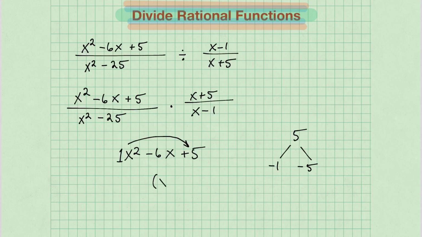What I want to do at this point is break down the first term. Here I'm going to say x minus 1 and x minus 5. So there it is. Here is our factor of the first polynomial. We're going to go ahead and put this into the numerator for the first rational function.